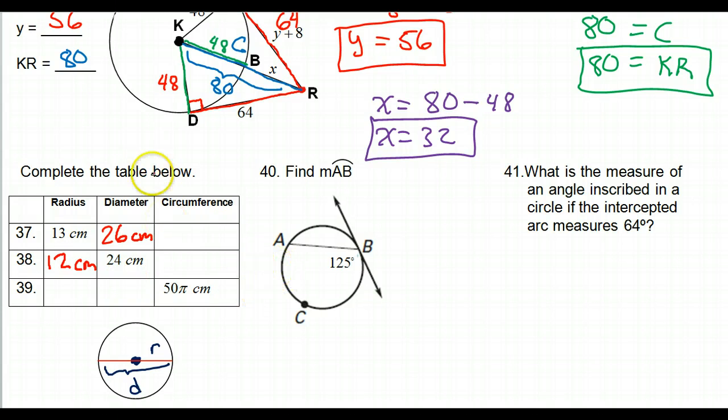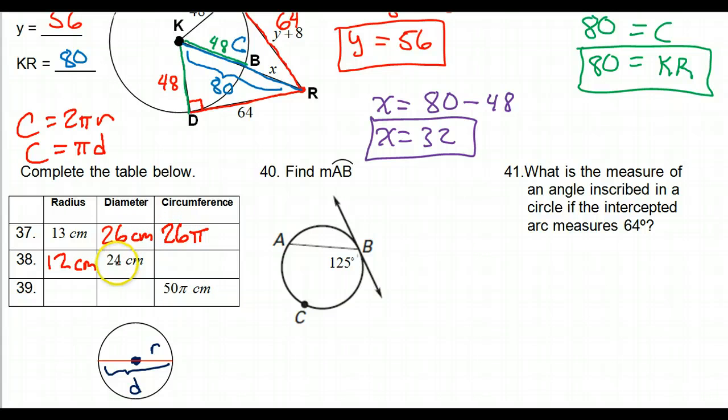Now the circumference. Remember that we can think of the circumference as either 2 pi times the radius or pi times the diameter. Both of these mean the same thing. So if the diameter is 26, then the circumference is going to be 26 pi. All right, it's pi d, pi times the diameter.